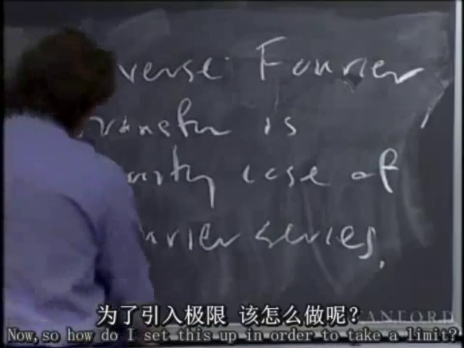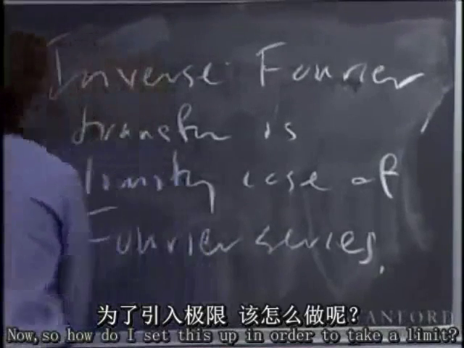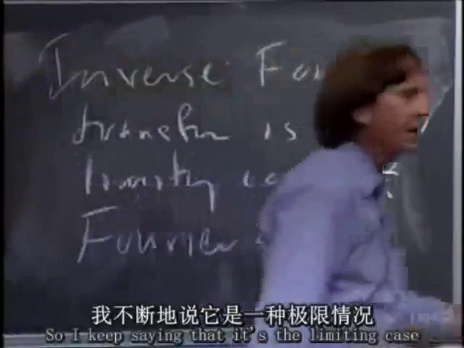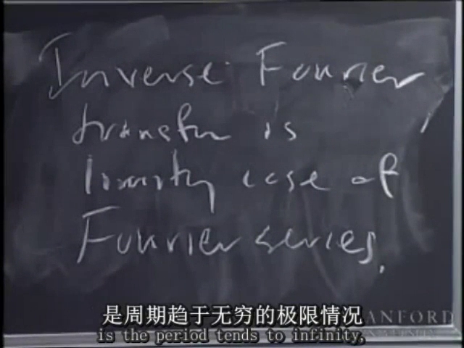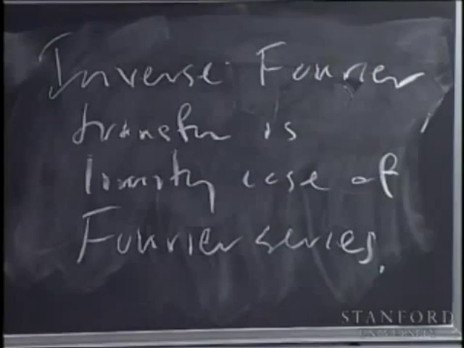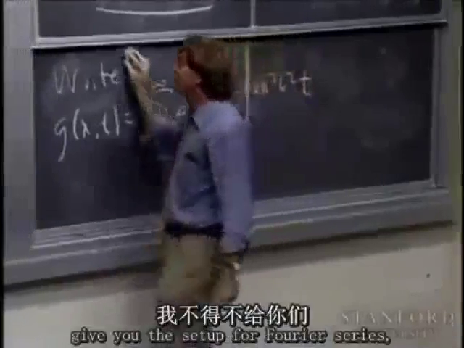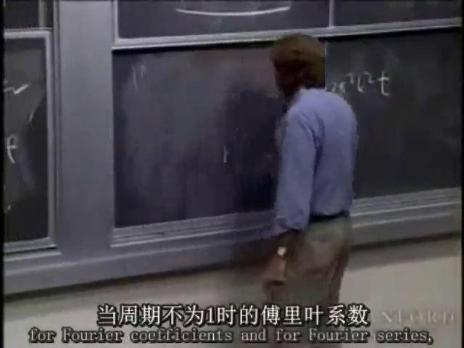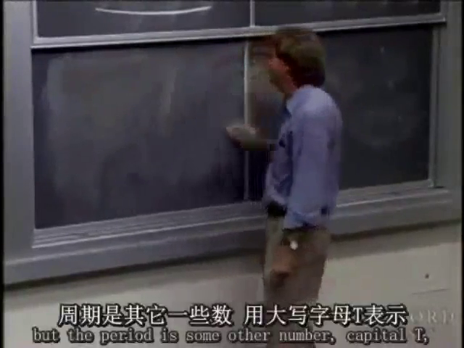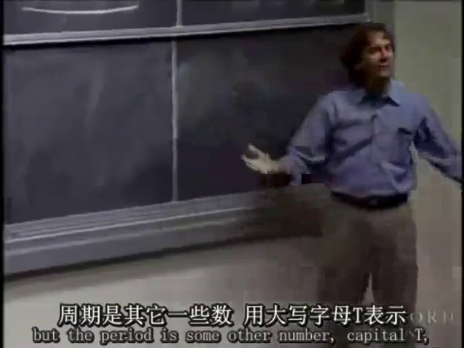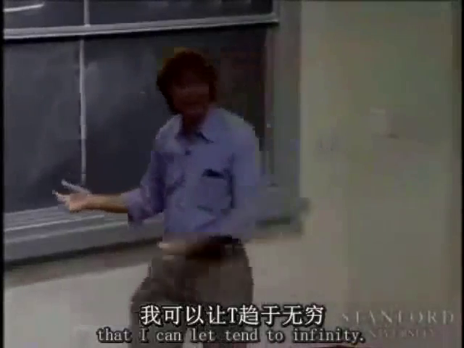Okay, now, so how do I set this up in order to take a limit? I keep saying that it's the limiting case as the period tends to infinity. So that means I have to give you the setup for Fourier series, for Fourier coefficients and for Fourier series when the period is not 1, but some other number, capital T, that I can let tend to infinity.